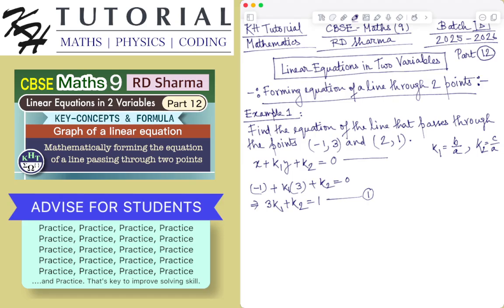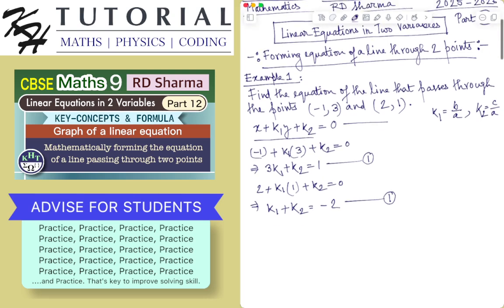Now again I will satisfy 2, 1 in this equation, and I will get 2 plus k1 into 1 plus k2 is equal to 0. This implies k1 plus k2 is equal to -2. So I got two equations in the unknowns k1 and k2.